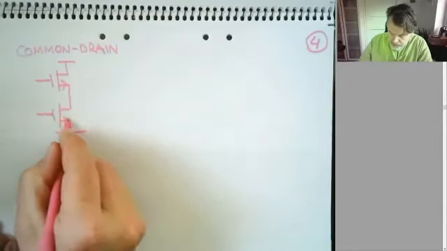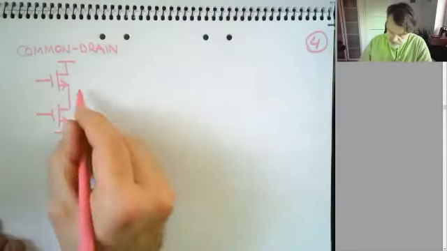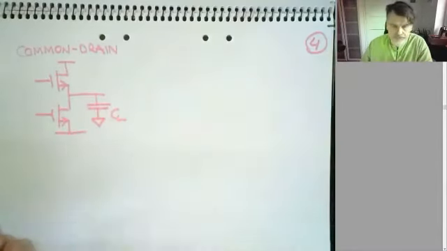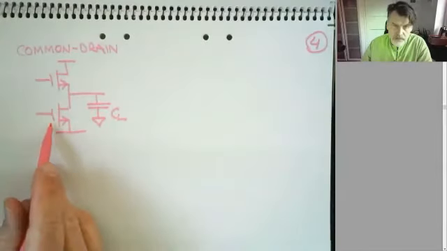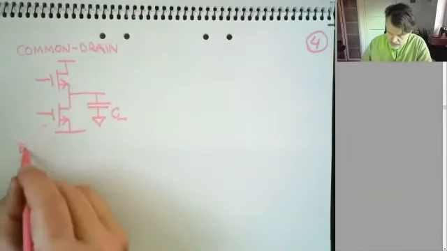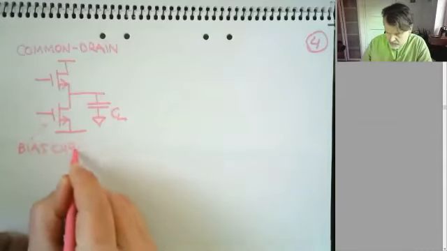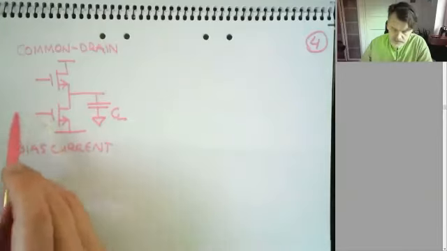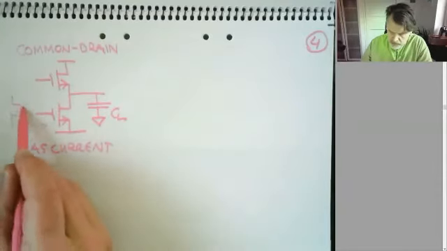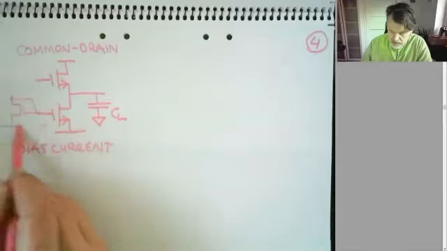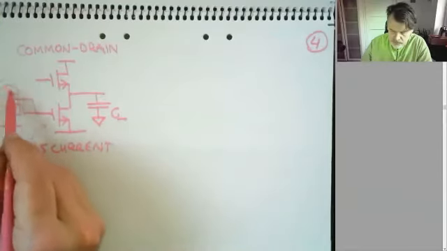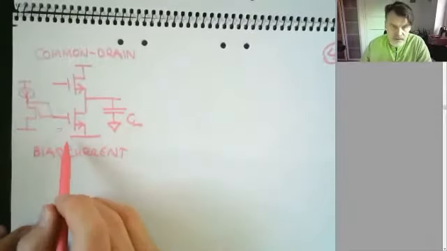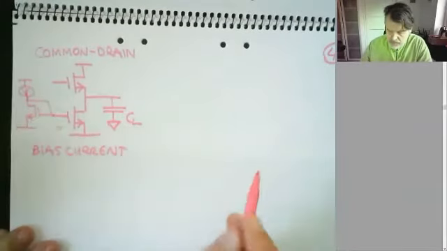Common drain, I can put two transistors like this and put the capacitive load. This is a bias current source. And always you should bias this with a current mirror like this and use a current source to supply this amplifier stage with current.